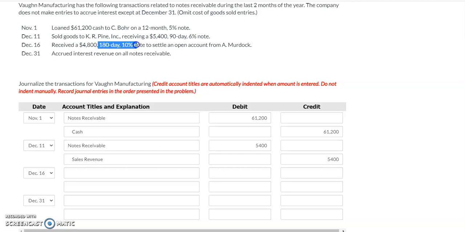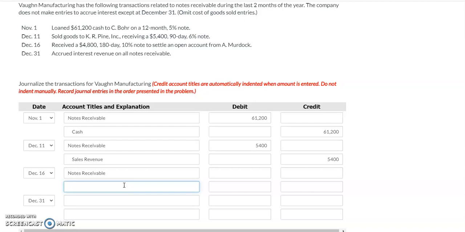Then on December 16th, the company received a $4,800 180-day 10% note to settle an open account from A. Murdoch. So in this scenario, they received a note, so we're going to debit notes receivable. And it appears that they have a customer that has an open account that is due. So their customer had a debit in accounts receivable, right? So they owed them money from this customer. But instead of the customer being able to pay that accounts receivable balance, they're saying, let's transition this accounts receivable to a notes receivable.